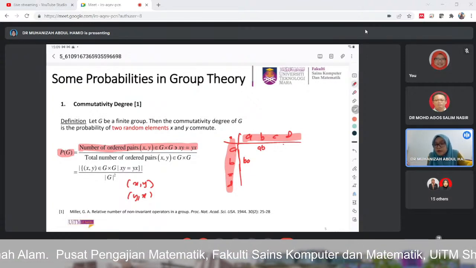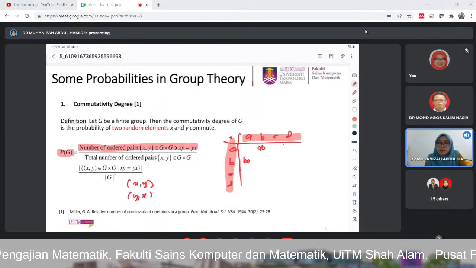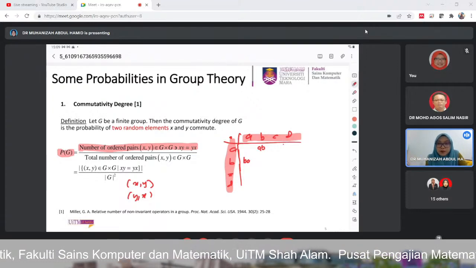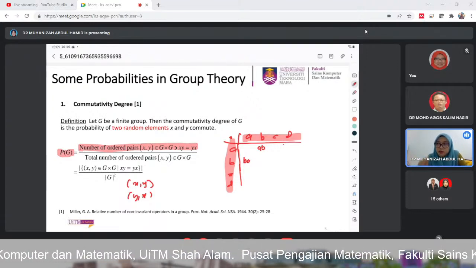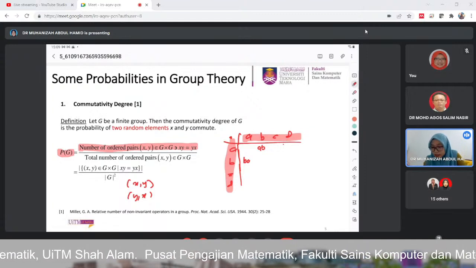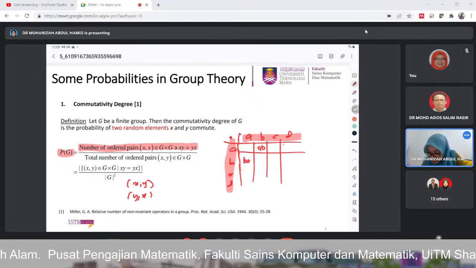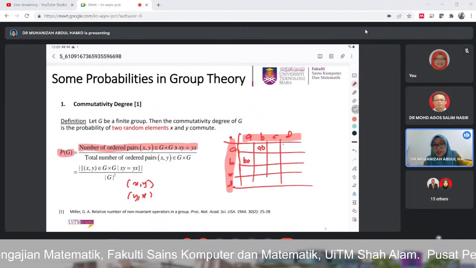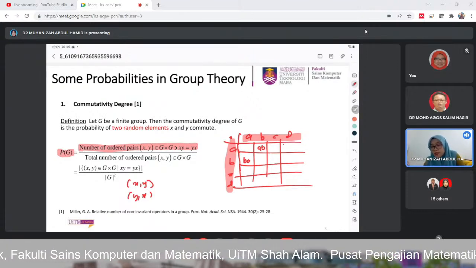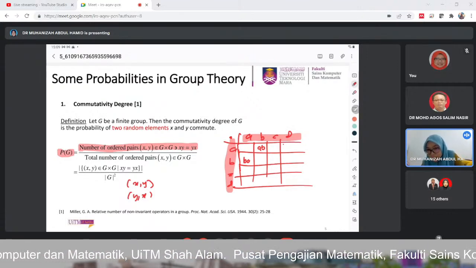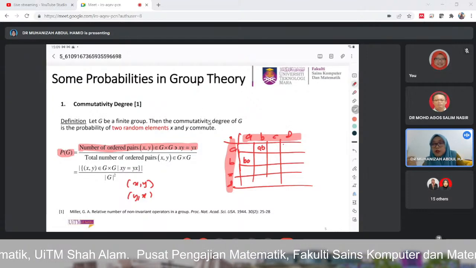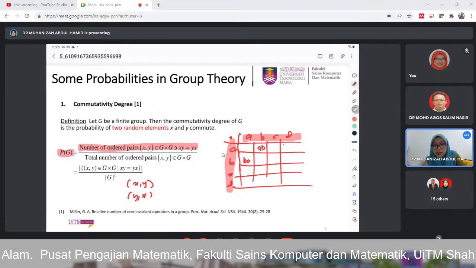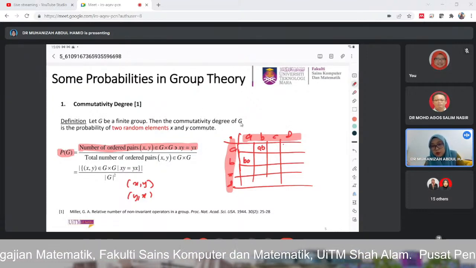A 0-1 table is a table in which each of the boxes corresponding to AB and BA will be assigned the number 1 if AB equals BA.